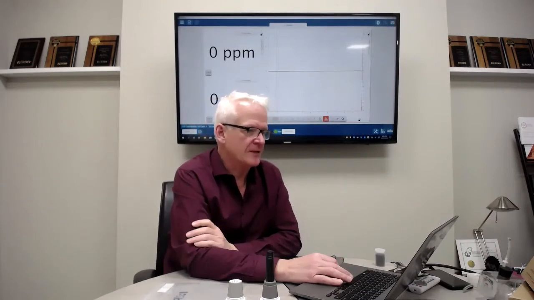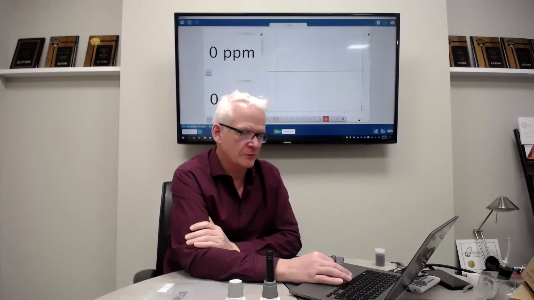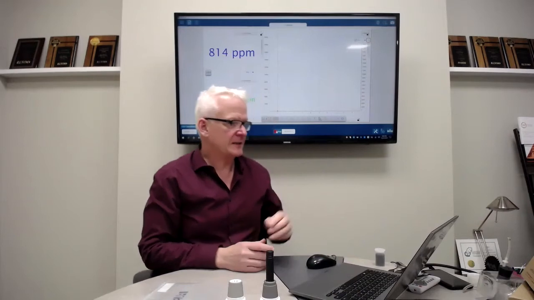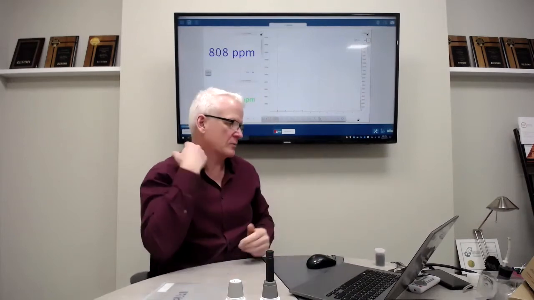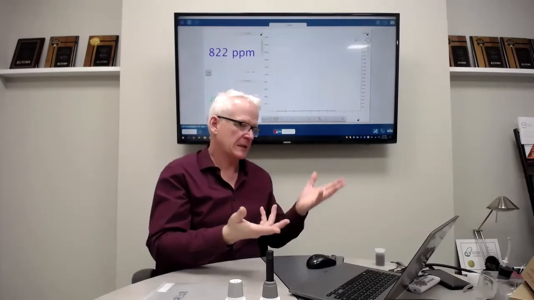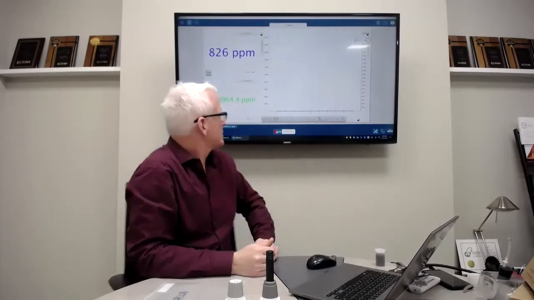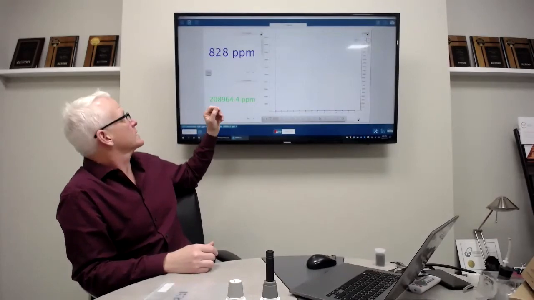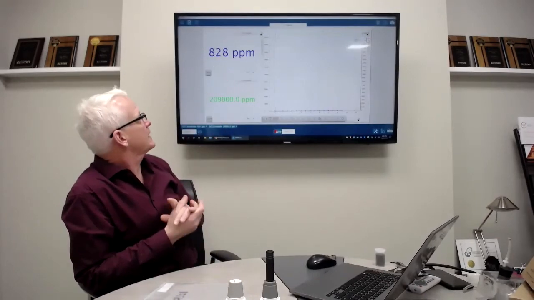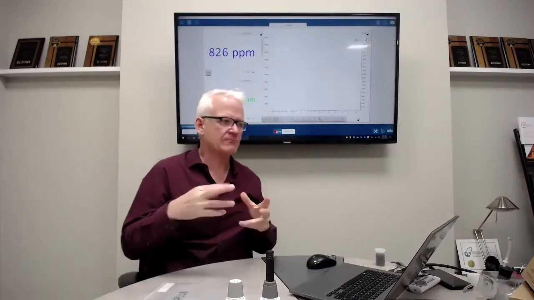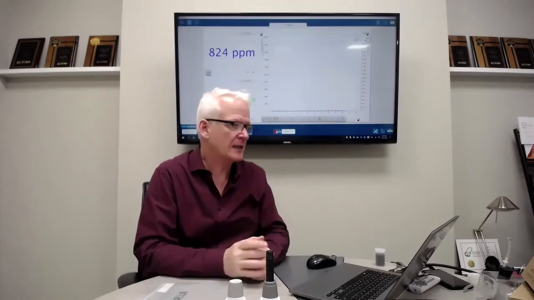I'm now ready to begin collecting data, so all I have to do is hit start. I'm now plotting data. You can see oxygen is about 20.9%, and CO2 is 828 parts per million, which would be very high.